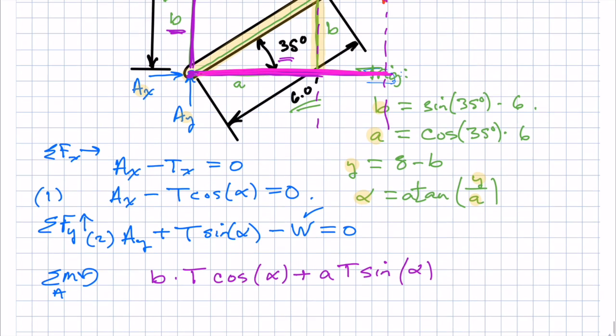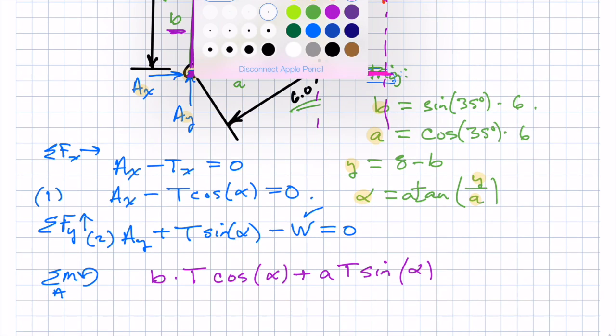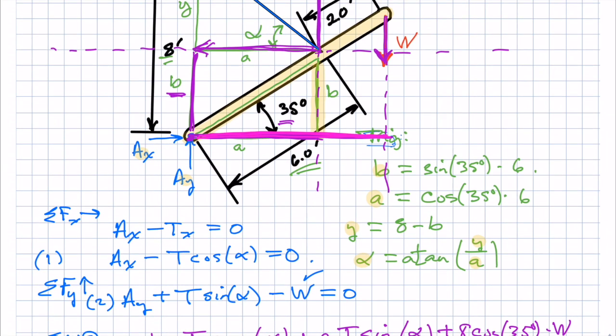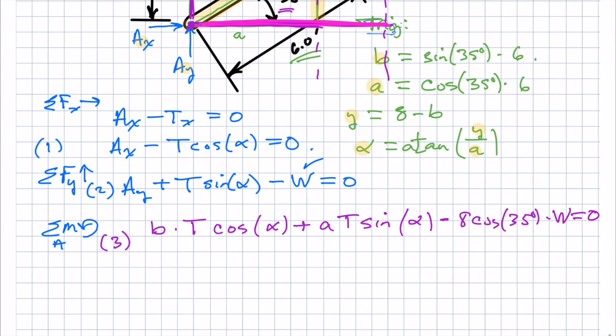So that moment would be, back to purple, plus 8 cosine 35 degrees, that's the perpendicular distance, times W. Now I should take note of which direction that's causing the rotation. That causes the rotation in a clockwise direction, so the sign on this would actually be negative. Those are the equations. You set that equal to 0. That's my third equation.